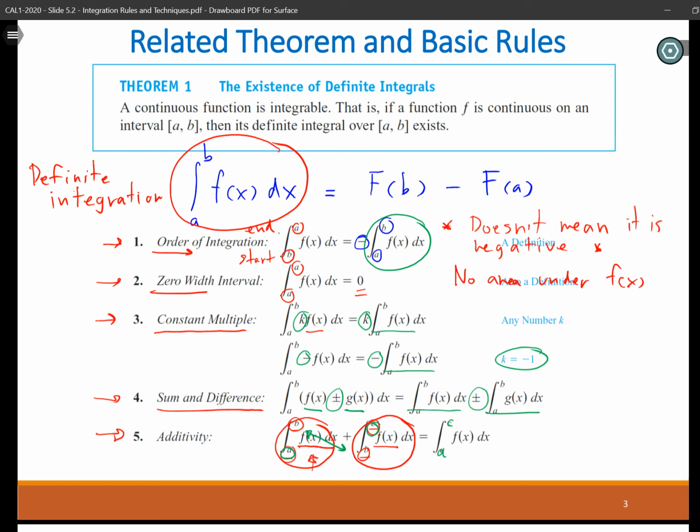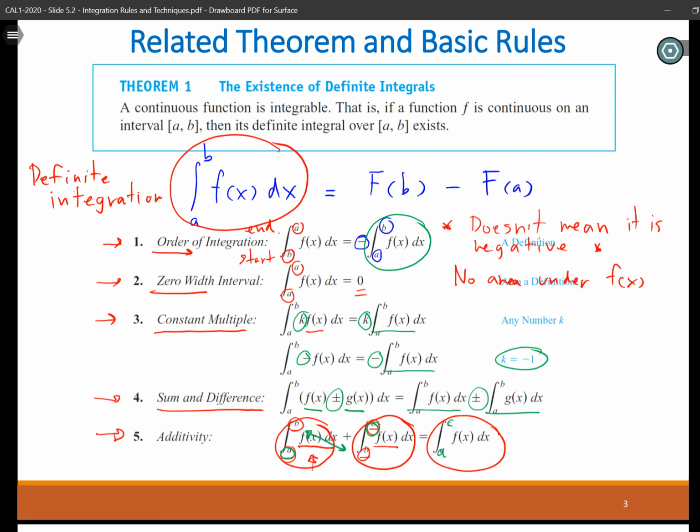And it also means that you can split your integration, one of them right here, into two parts. But these two parts have to connect to each other. All right, we did this already when we tried to find the area under the graph, and we wanted to separate the area that is negative and positive.